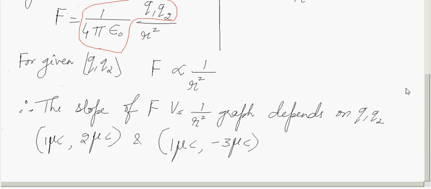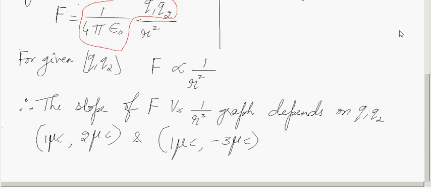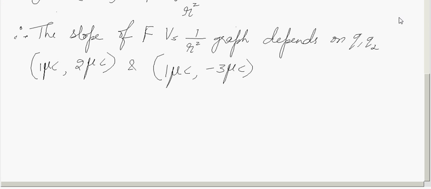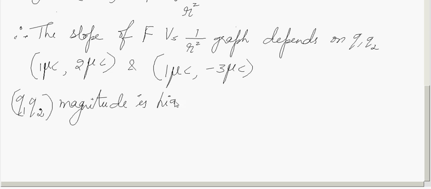So the Q1 Q2 magnitude is higher for the second pair, that is 1 microcoulomb, minus 3 microcoulomb.